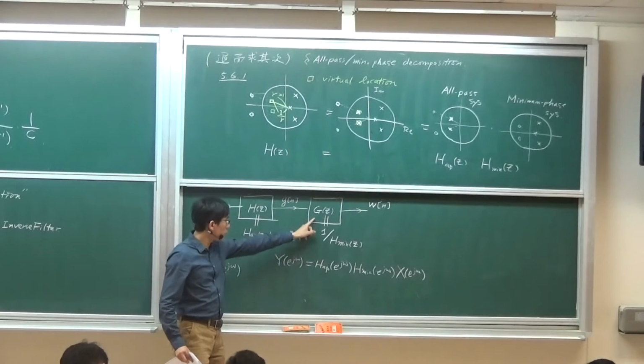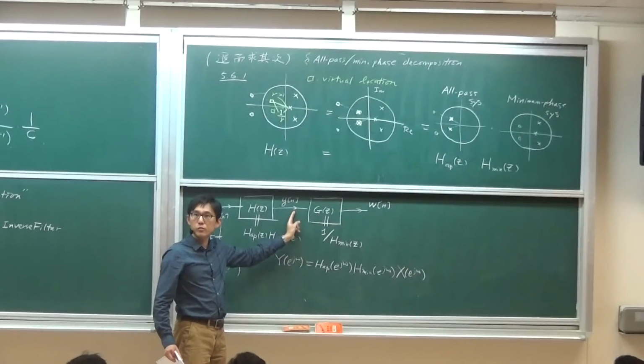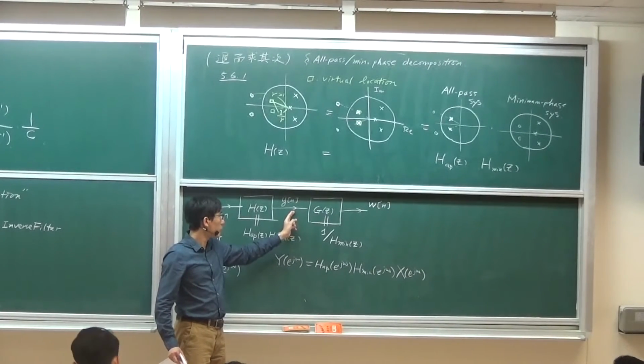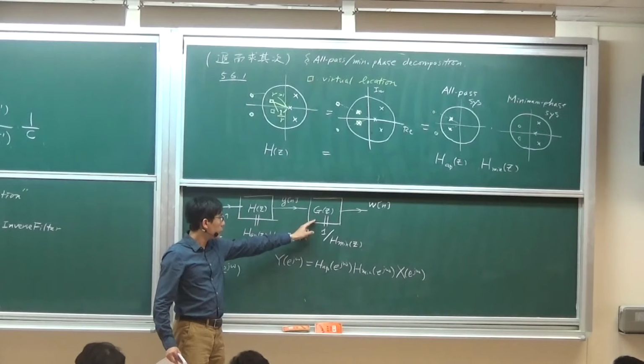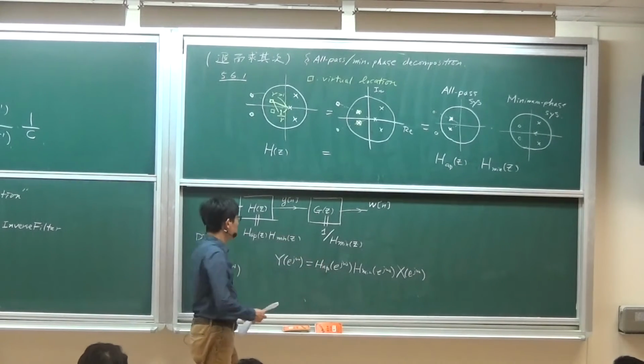If we just follow that, upon receiving the output here, if we apply 1 over H_min right here, then what do we have?